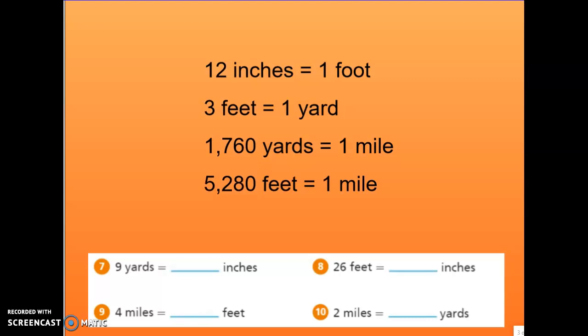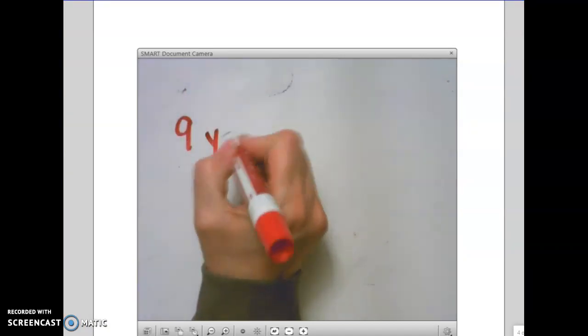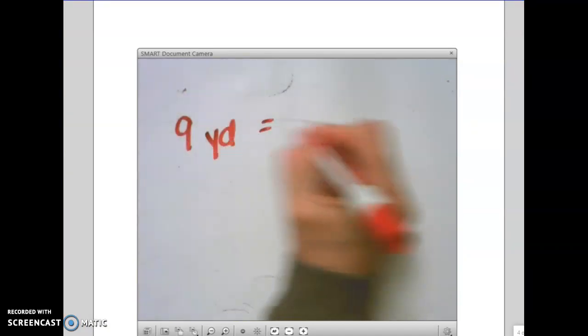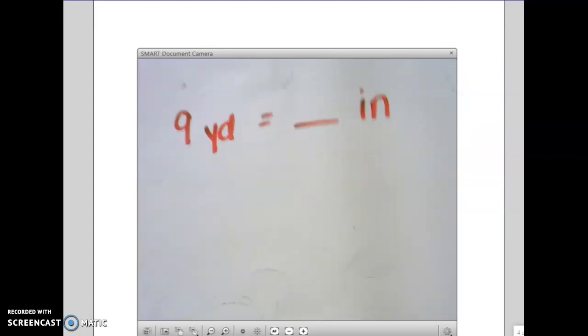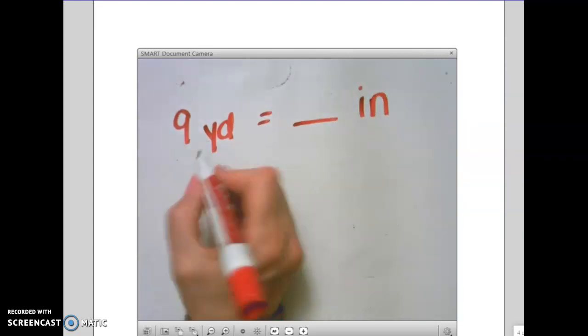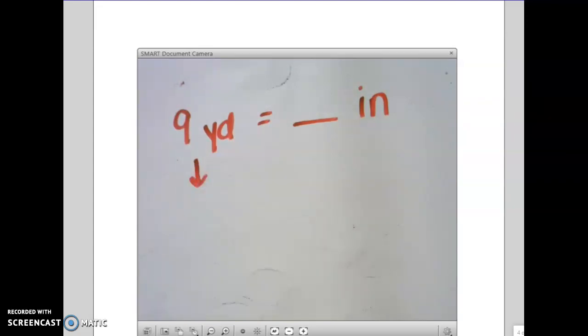All right, so let's solve some of these. 9 yards, remember I can use YD, equals how many inches? Well, should I convert this to feet? There's 3 feet in each yard, and there are 9 yards.